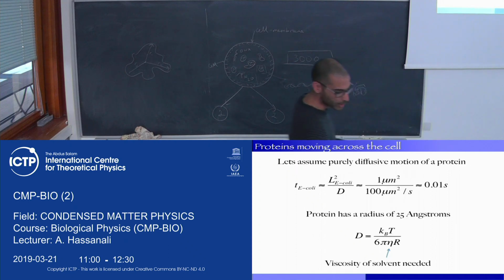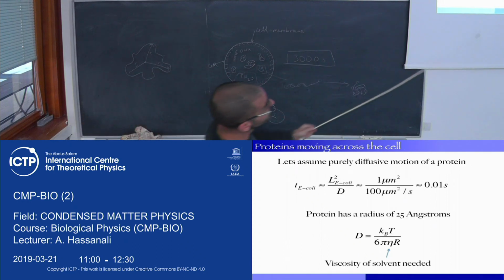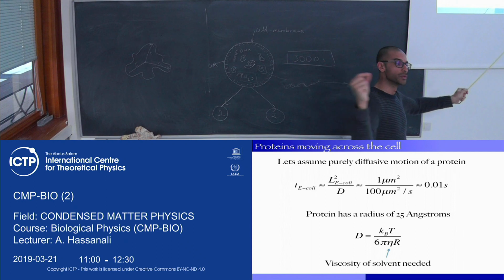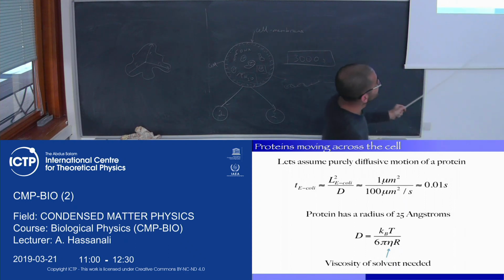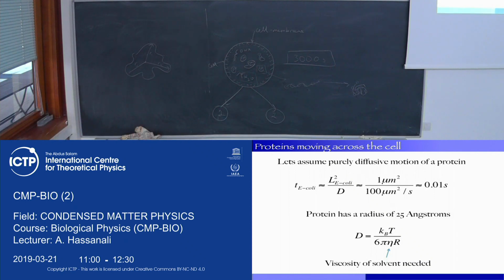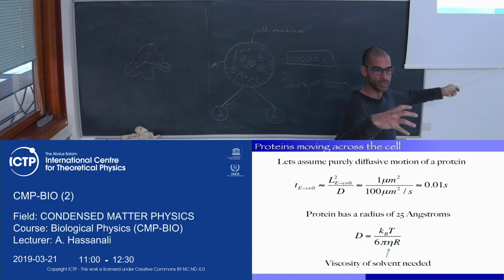Now, if I take my E. coli cell and I want to know how long it's going to take for a protein to diffuse all the way across the E. coli cell, then I can get an estimate of this. I know the length. Let's say it's a one-dimensional thing. D is the diffusion constant. I can estimate the diffusion constant by using the Stokes-Einstein hydrodynamic theory, which relates the timescales of diffusion to thermal energy, the viscosity, and essentially the size of my object.